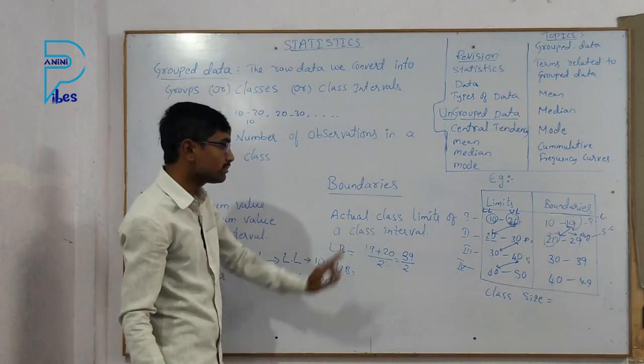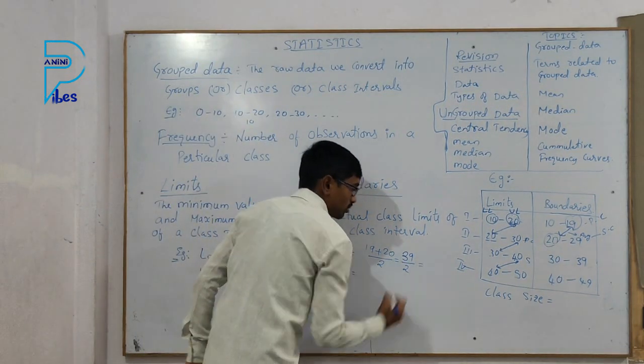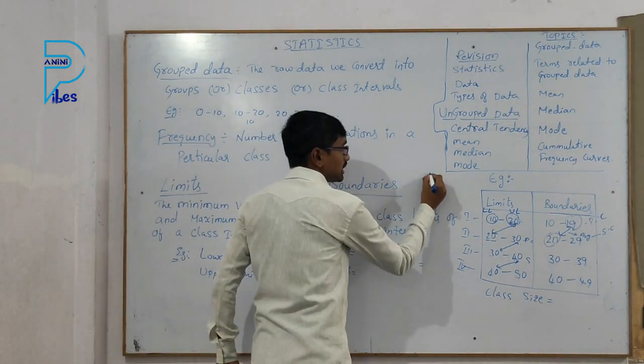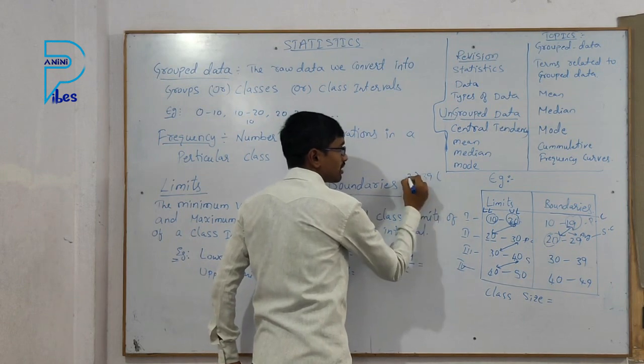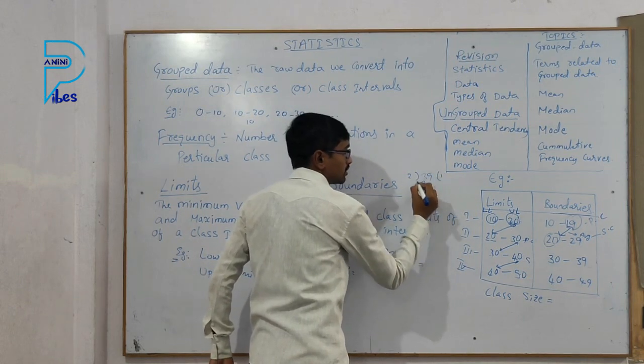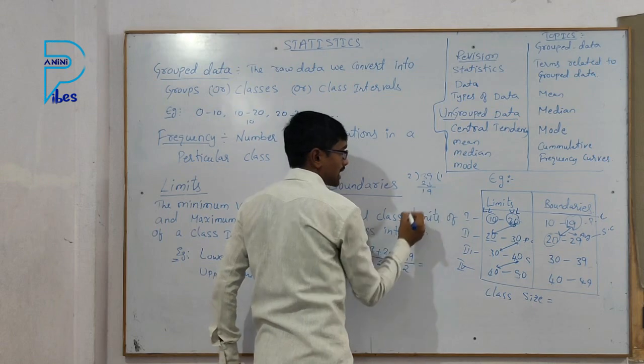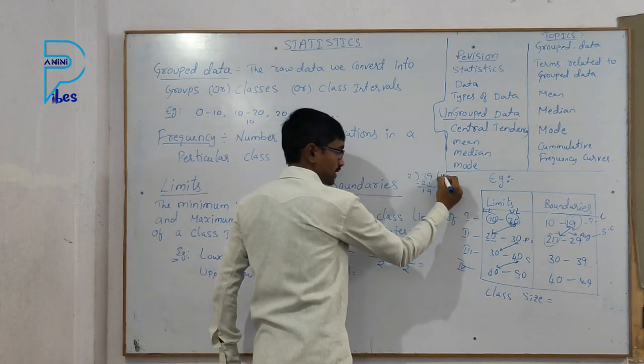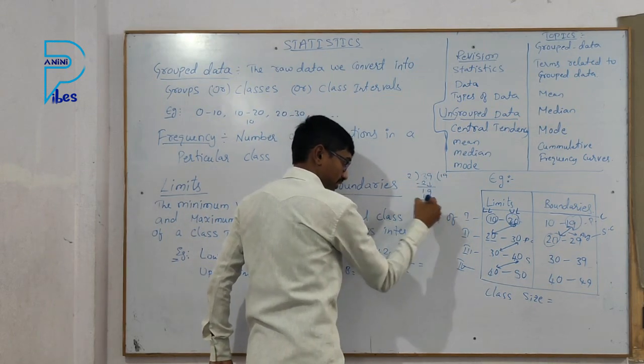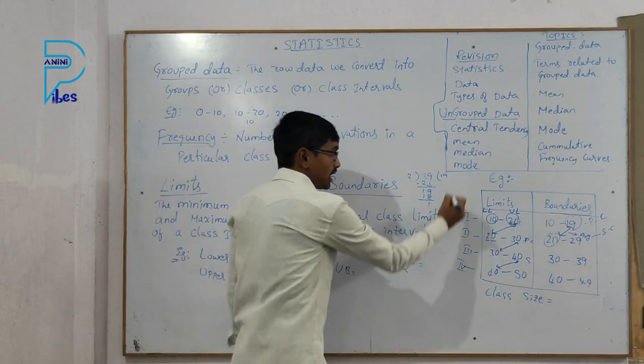So on dividing 39 by 2: 2 ones are 2, 1, again 9, 2 nines are 18, here the remainder will be 1.